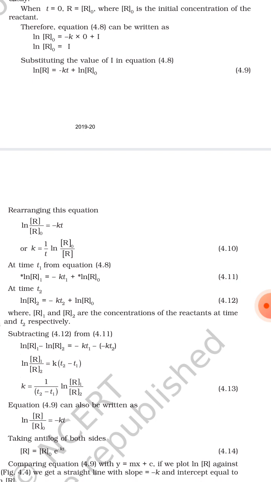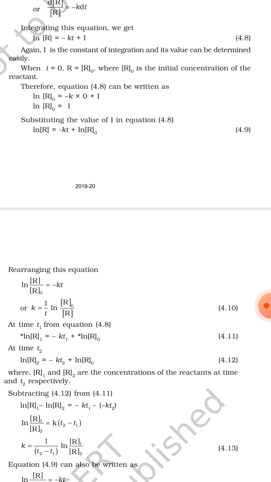ln[R]0 is equal to minus k multiplied by 0 plus I, because time is 0 and at that time the initial concentration of reactant will be much larger in amount.